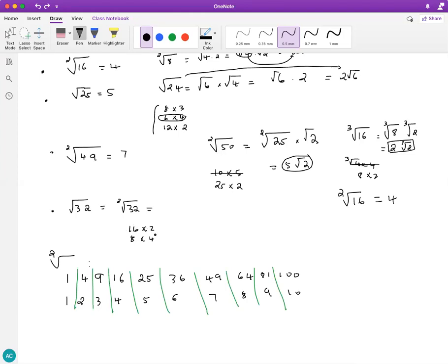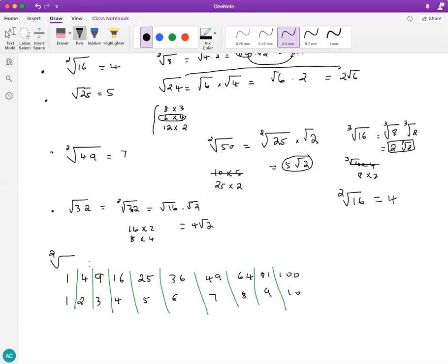Which one now do we take to get perfect squares? 16 and 2. That's right. Both 4 and 16 are perfect squares, but 16 is higher, so always go with the higher perfect square. So we're going to turn this into radical 16 times radical 2. This is basically 4 radical 2.